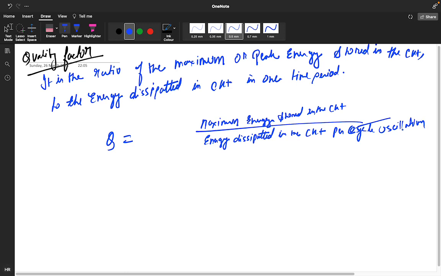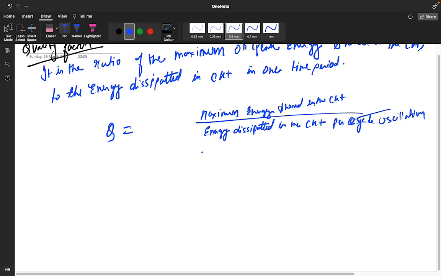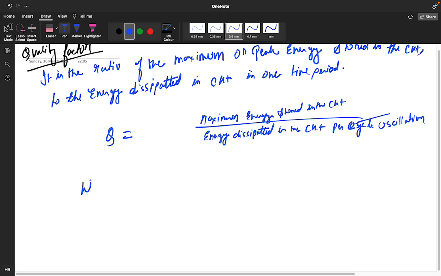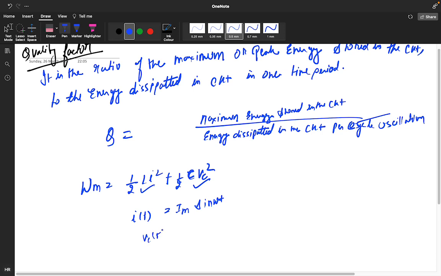Okay, so what is the maximum energy? Maximum energy is 1 by 2 Li square plus half C Vc square, meaning energy is stored across the capacitor and energy is stored across the inductor. Here I of t is Im sine omega t, and Vc of t is 1 by C integration of I of t dt.